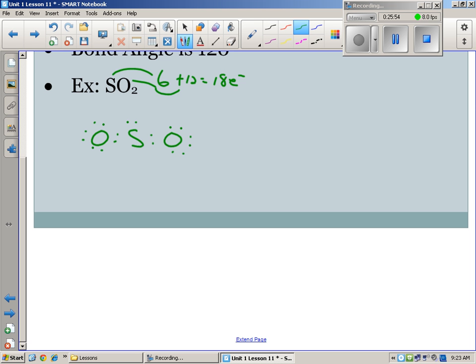17, 18. Okay. And of course we stop and say, it's not boron, so we're okay, but sulfur and oxygen need to have 8. They're not exceptions to the rule. Does sulfur have 8? And the answer is no. So we would take a pair and move it into here. So I'm just going to redraw that to take our time with the drawing.